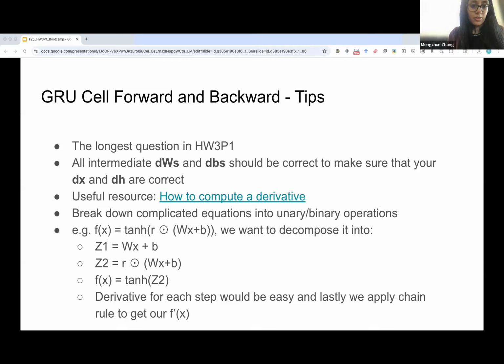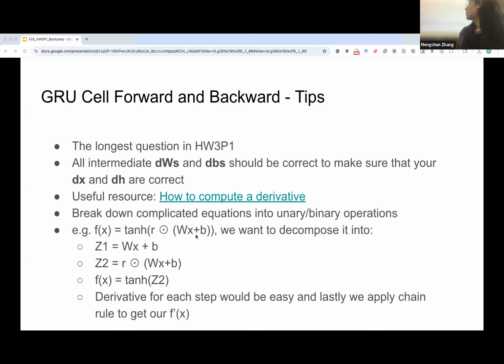Then we also have a resource, this PDF. We also have it attached in the Piazza post, so you should go through it. This is just an example of a function like this, which would be very useful to implement in your homeworks.